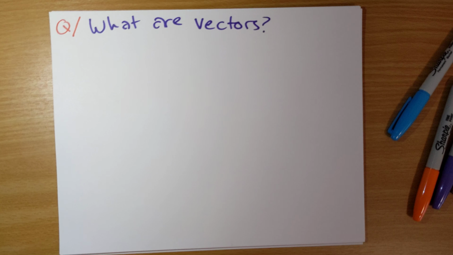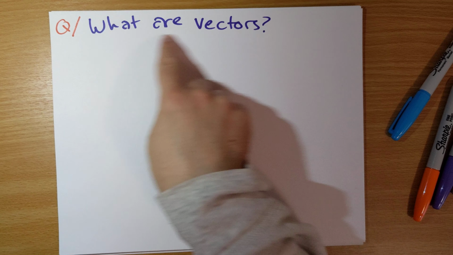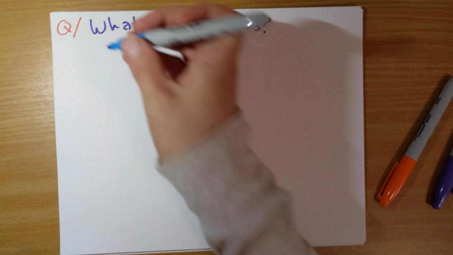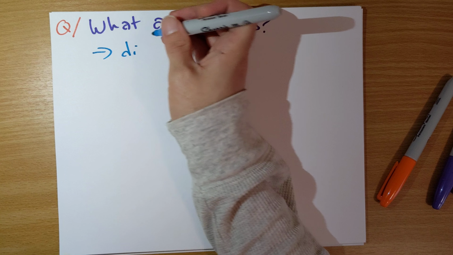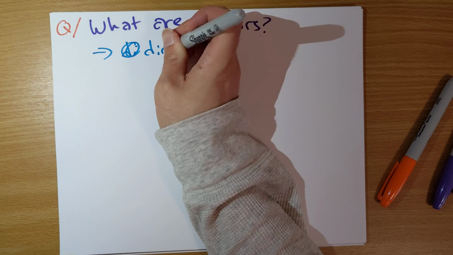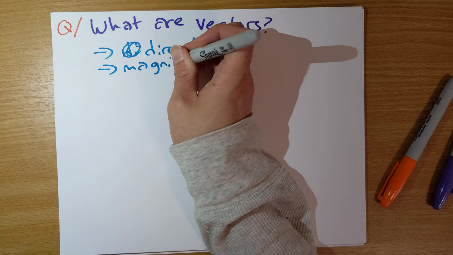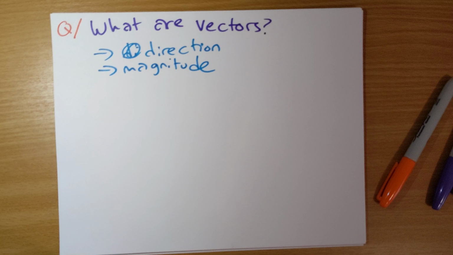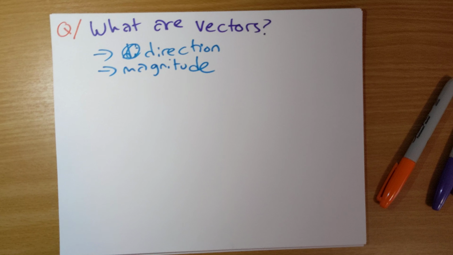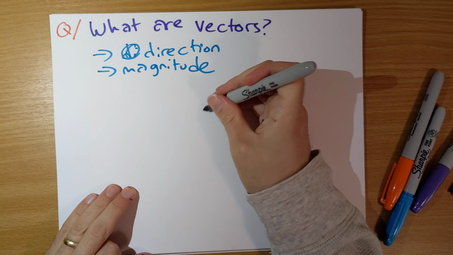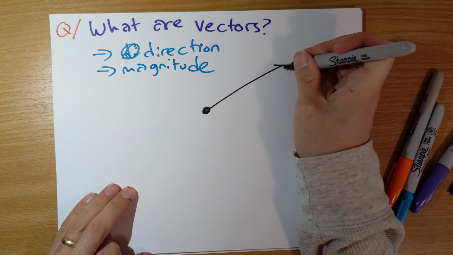And so this kind of gets at the idea of what is a vector. A vector is going to be something that has both a direction to it and a magnitude to it. And in practice, what we're going to do is think about this kind of thing going on here.